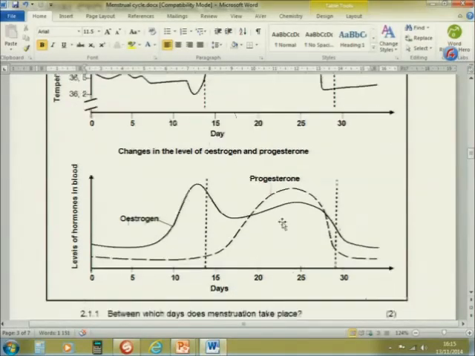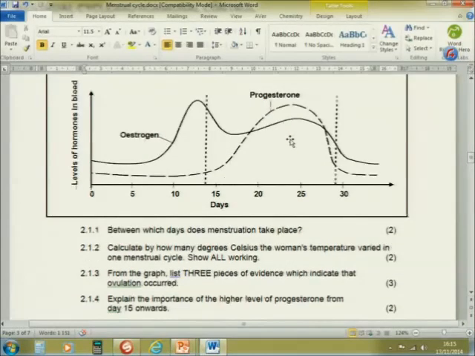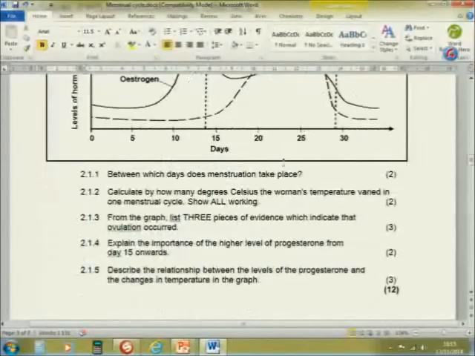And the second one is that it will maintain the thickness of the endometrium lining for the implantation. Those are the importance of high level of progesterone from day 15 onwards.